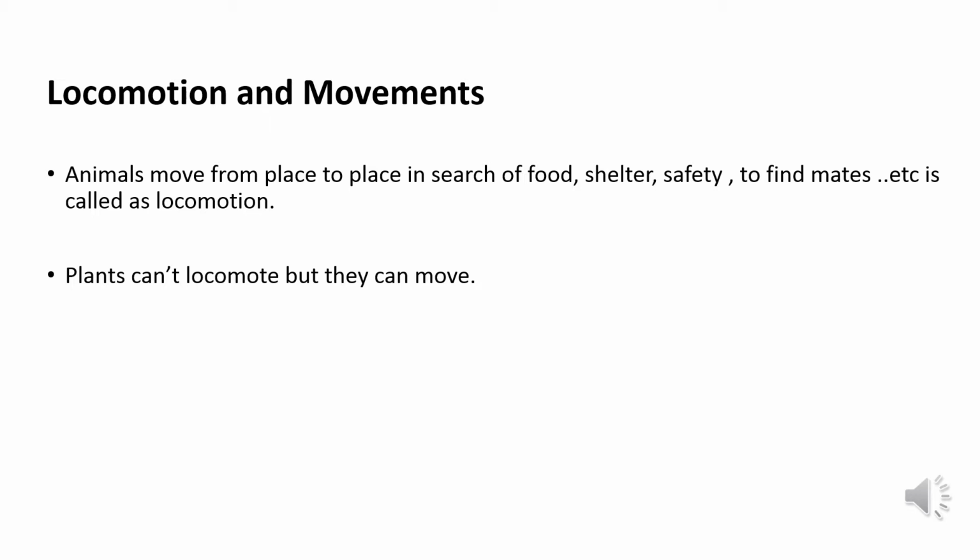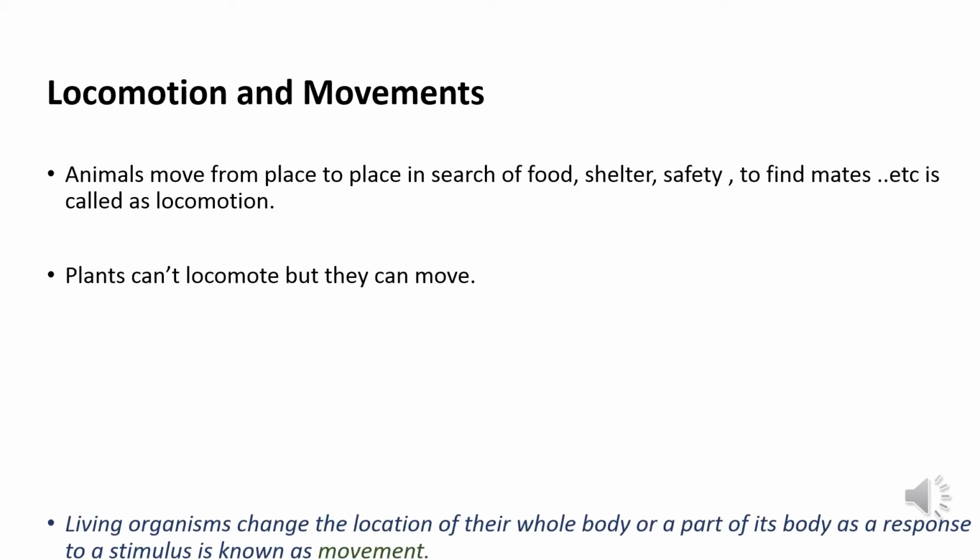But you know, plants can't move on their own unless someone moves them. But they have the ability to move their leaves, shoots, branches, and sometimes their stem. From this, we can conclude movement is a common characteristic for animals as well as plants.